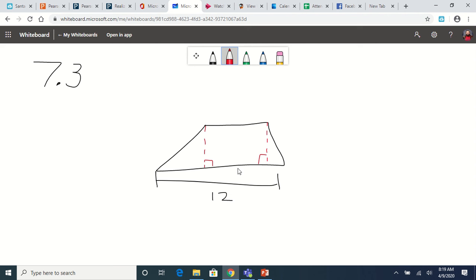So then they tell us this. They told us that the base here, this was 6. This was 2 for this triangle, and then this was 4 for this triangle that they made. And then our height for both was 5, right? And then we had this rectangle in here.